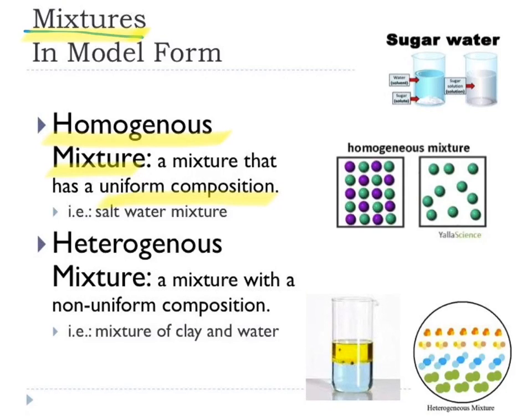An example is a salt water mixture. If you were to take a glass of salt water and look at it, you cannot see those different parts. You can't just see the salt. You can't just see the water. It's all mixed together. At the microscopic level, or at the particle level, this is how it could look. You can see that this is a uniform composition right here.